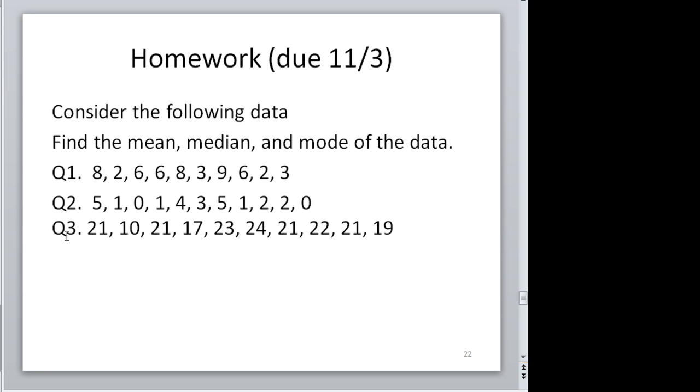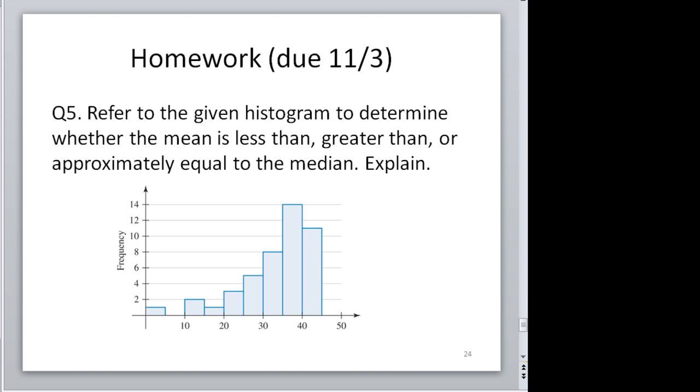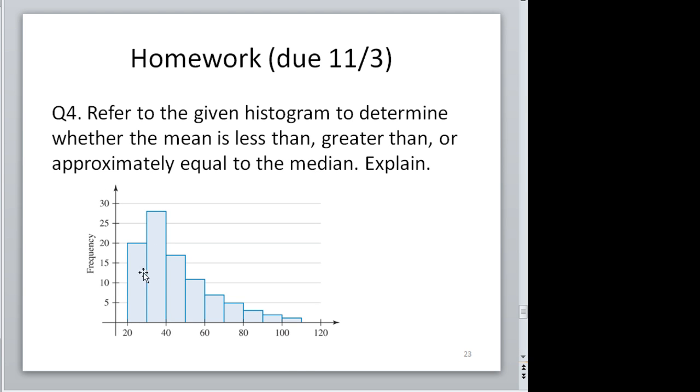Okay, as for the homework, these first 3 questions, question 1 to 3, is just figuring out the median, mean, and the mode of the data points. And homework number 4, 5, and 6 is trying to figure out the distribution shape and whether the mean is less than, greater than, or approximately equal to the median, right?